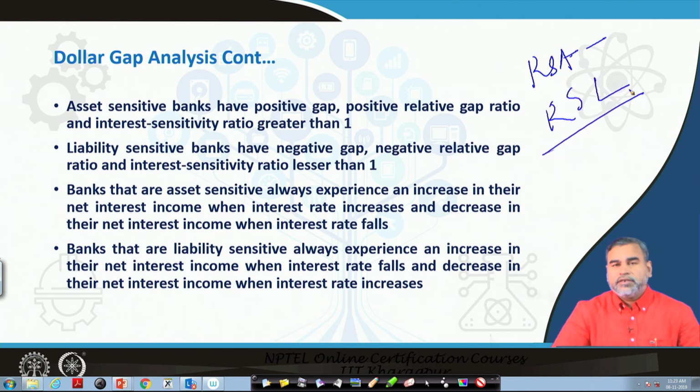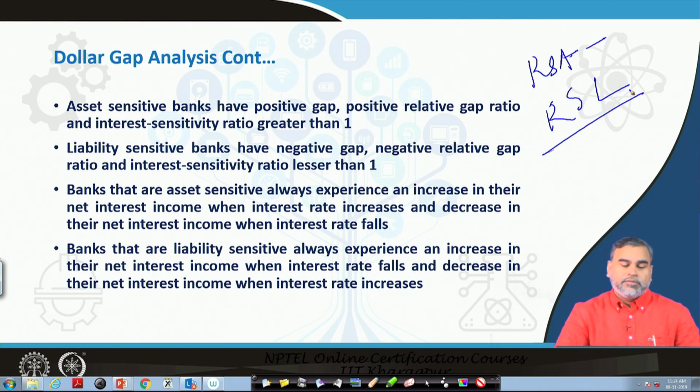So, if you have rate sensitive assets minus rate sensitive liabilities, that will give you the dollar gap. Then from there, what it implies is that for banks which are asset sensitive, their dollar gap will be positive.